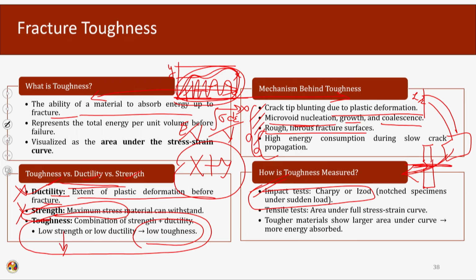Using a Charpy or an Izod impact test, we got an estimate of the energy required to fracture this surface. We can also do a tensile test, and the area under it gives us an estimate of the toughness. In a tougher material, the area under the stress strain curve will be more, signifying that more energy is absorbed during this entire process.